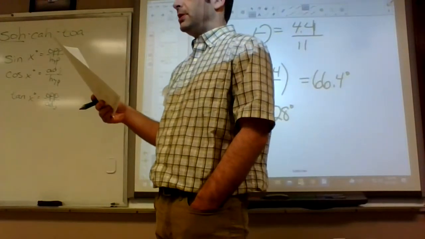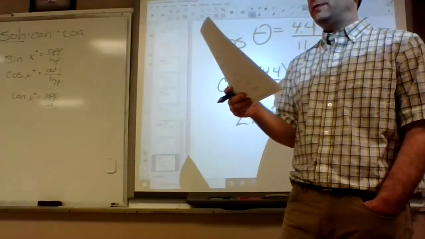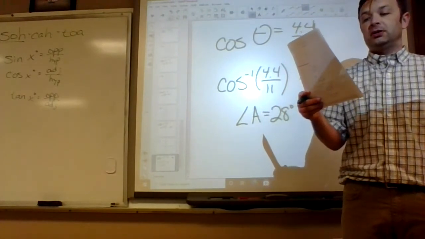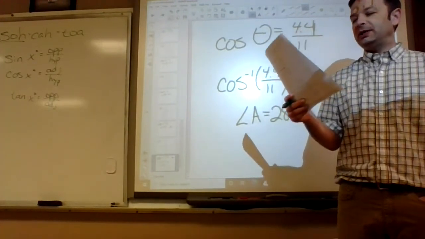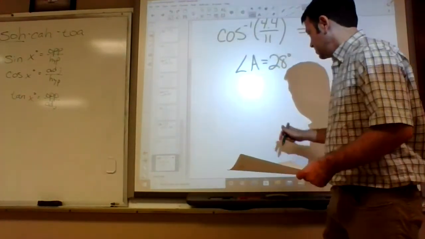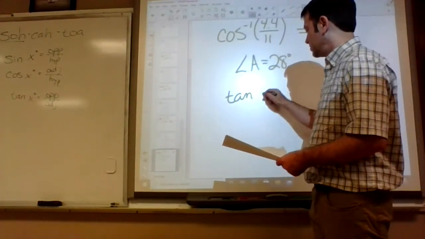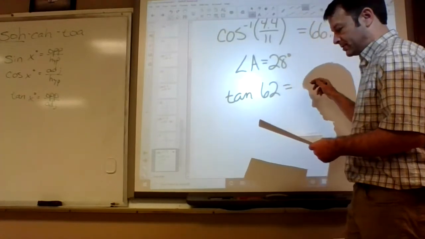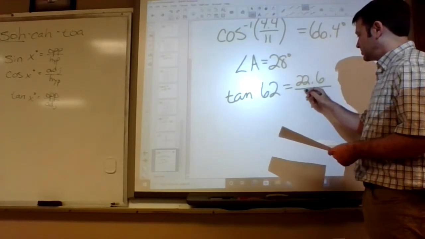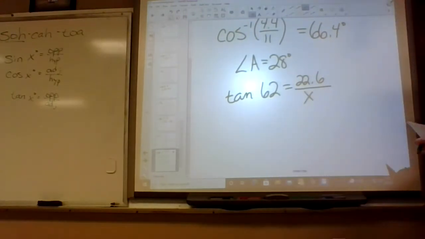So relative to 62 degrees, if we're looking for BC, what two sides are we working with? Opposite and adjacent, so I'm going to use tangent of 62 equals opposite over adjacent. Opposite of 62 is 22.6. Adjacent is unknown.